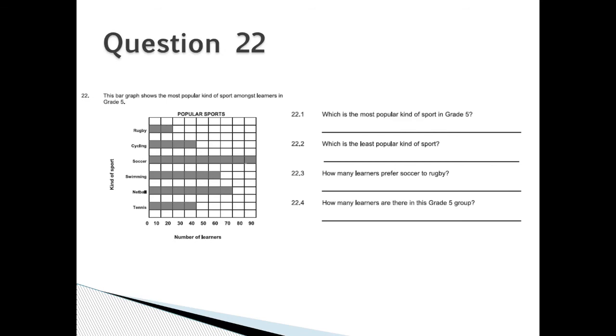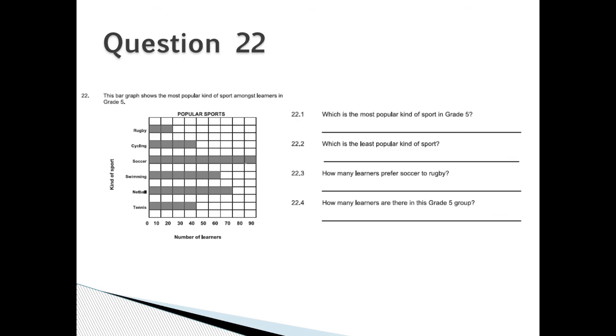Question 22. This bar graph shows the most popular kind of sport amongst learners in grade 5. So we've got rugby, that is popular amongst 20 kids, cycling, that is popular amongst 40 kids, soccer, that is popular amongst 90 kids, swimming, that is popular amongst 60 kids, netball, that is popular amongst 70 kids, and tennis, which is popular among 40 kids. 22.1.